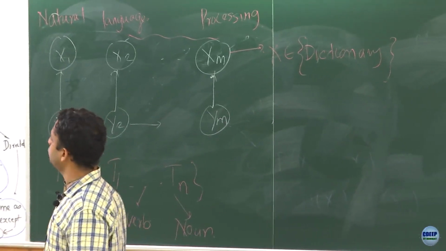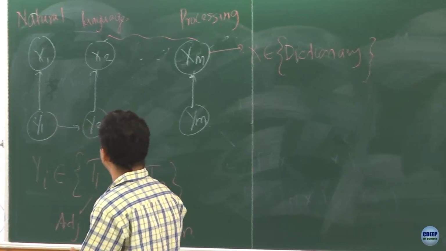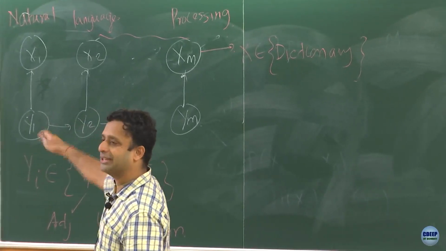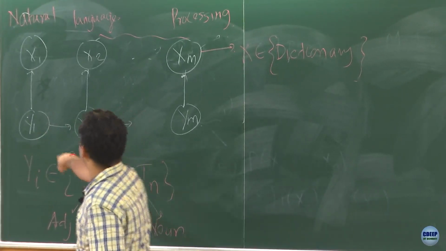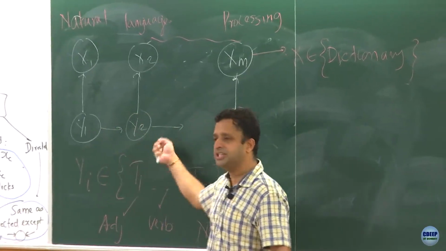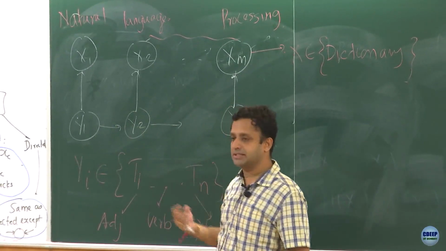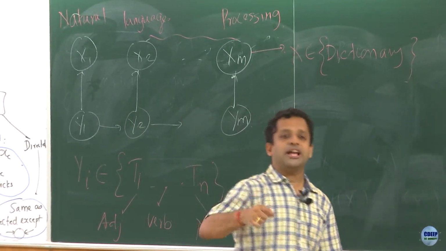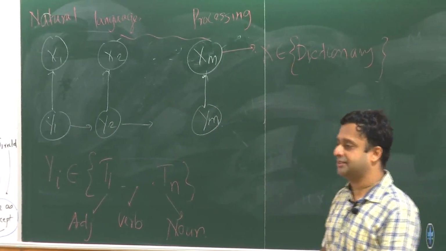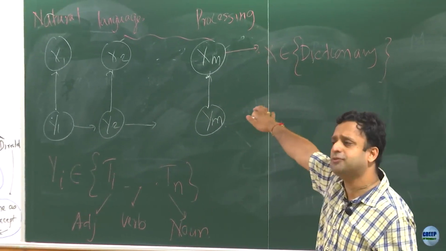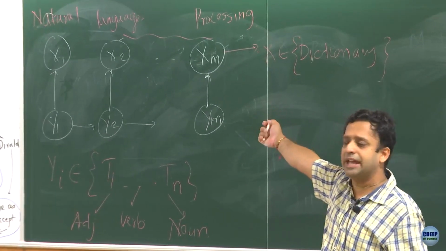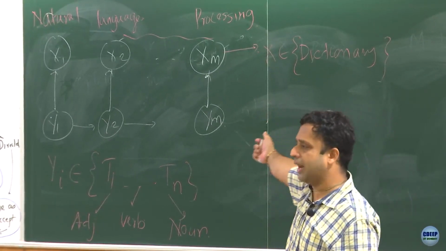Okay, so you have two things here. You have a transition probability from one state to another state, where each state can take one of these tags. Now why should your natural language processing have a particular tag sequence? What is language here? Just to complete the whole. Language is noun.